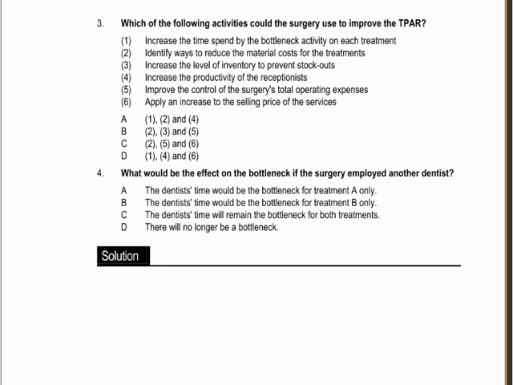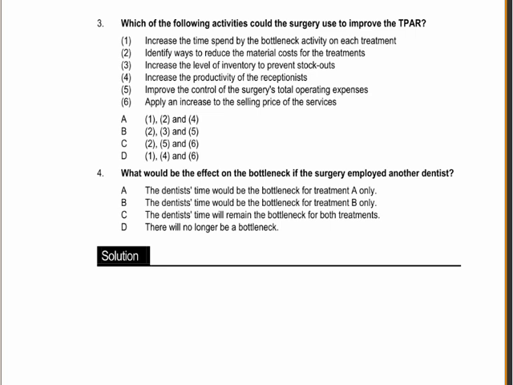Next, we're being asked to consider which activities the surgery could use to improve the throughput ratio. Now, this is a paper-based question because it's multiple choice, but you can see how this would be adapted, I'm sure, to be a multiple response question in the computer-based exam. So we need to think about what's going to improve the throughput ratio. So again, it might be helpful to look at the formula.